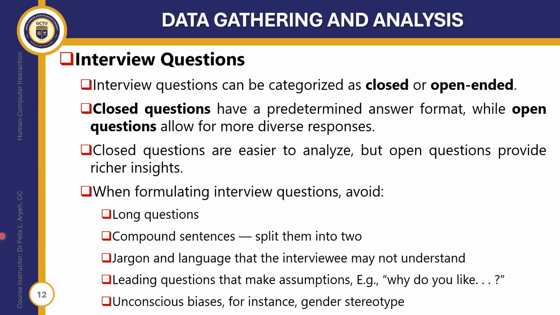Now, the advantage of using close-type questions is that it is easier to analyze quantitatively. Because we are picking up answers based on what we have given to the respondents, they are forced to make a choice.